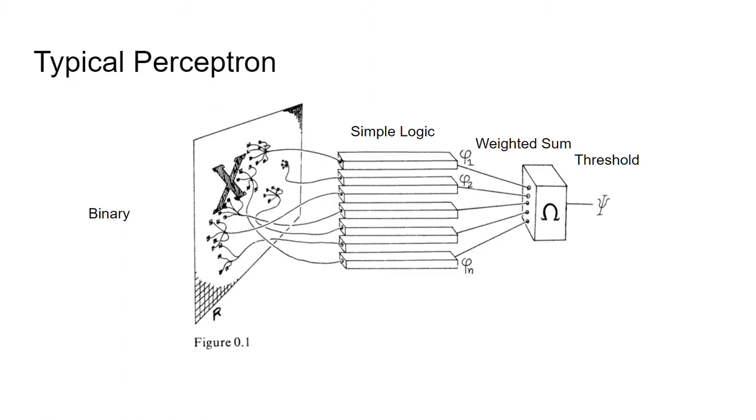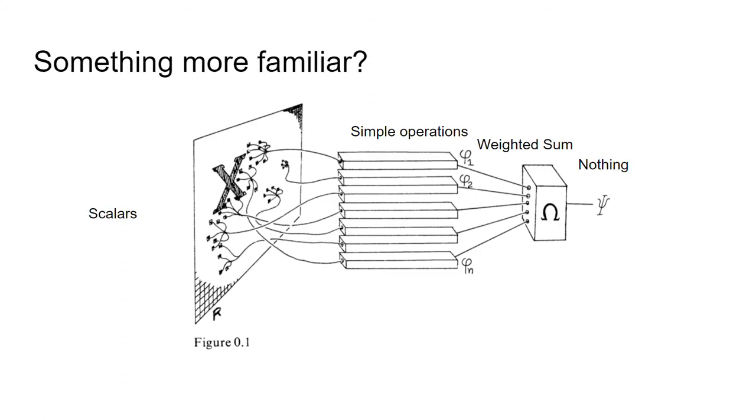If we adjust things slightly, this might become something familiar to some people. I'm going to have my input be just scalar values. So instead of zeros and ones, it's now just a bunch of numbers. The numbers can be anything, so we've generalized from zeros and ones to a set of scalar values.